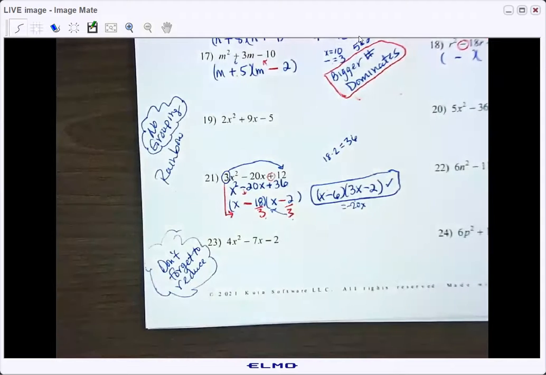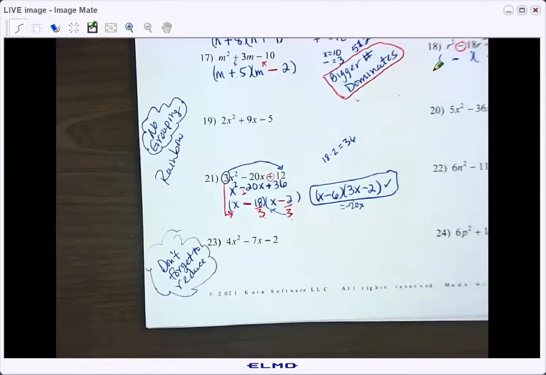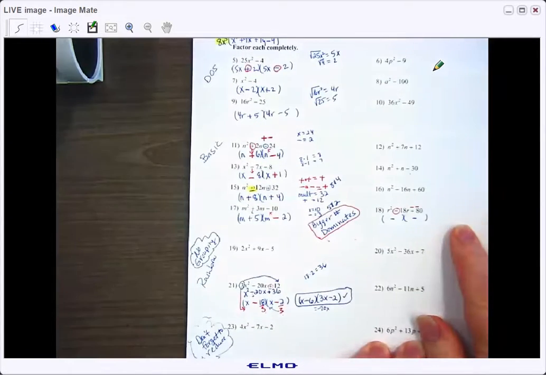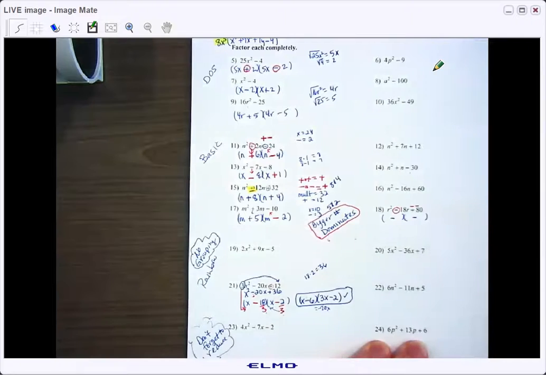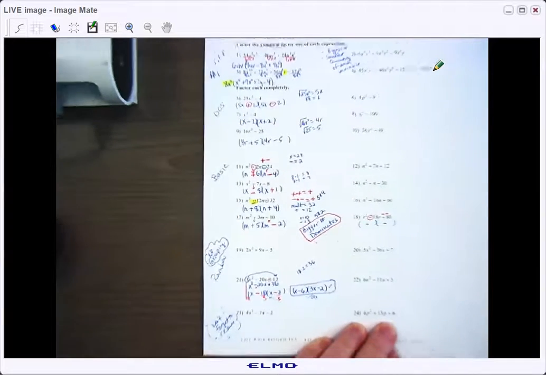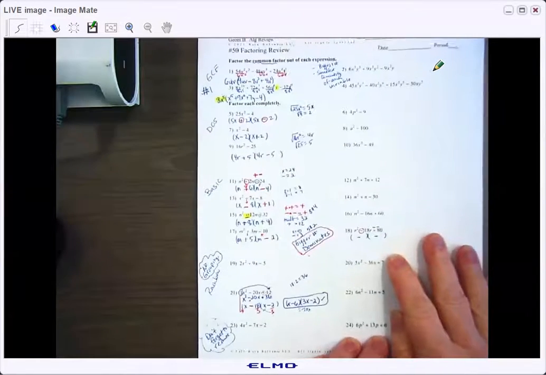So any questions that I can answer? Did this help? Kind of put it all together. We've covered 4 different ways of factoring, and that's all on this one worksheet. Does anybody need me to zoom out so they can take a picture? It'd be kind of small, but there we go.